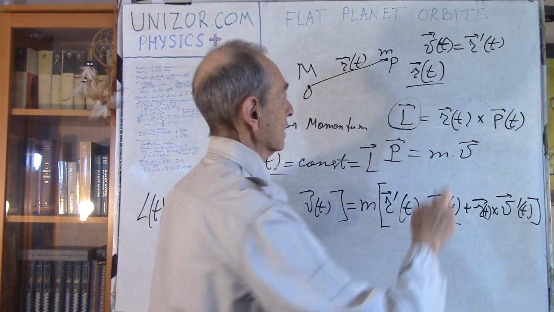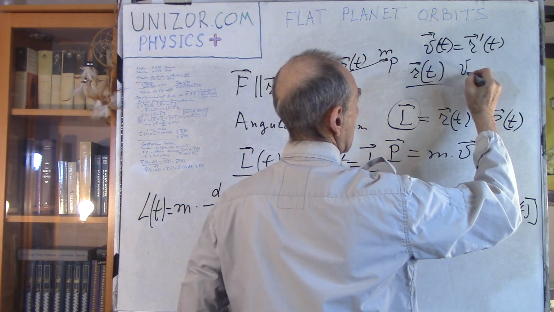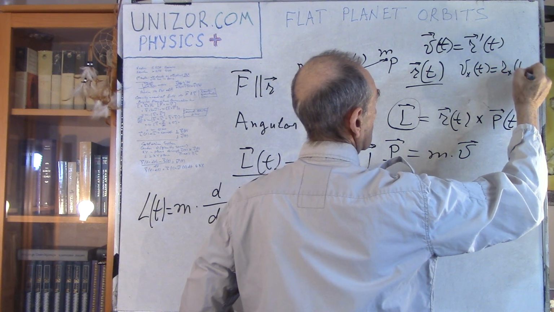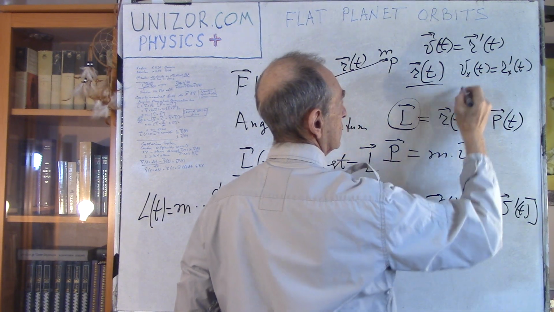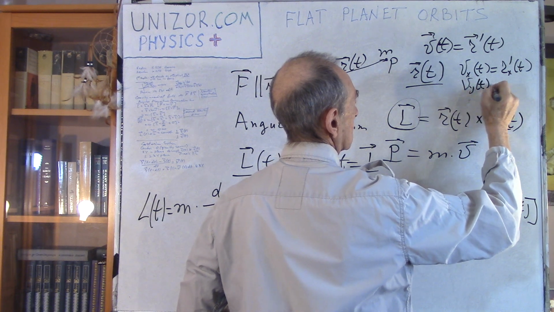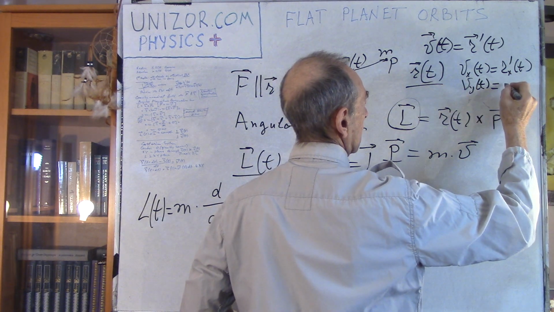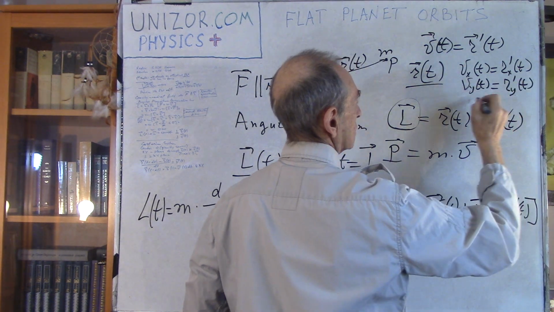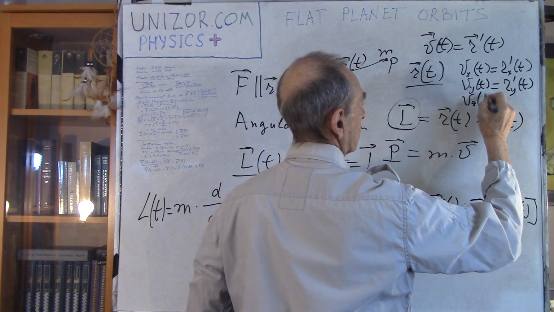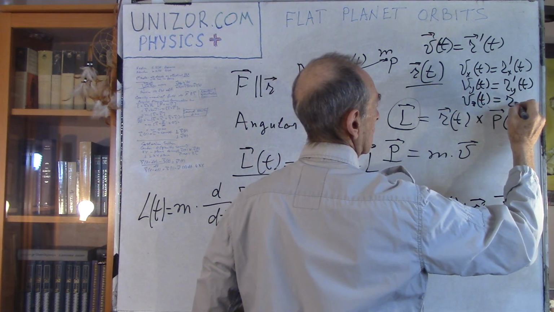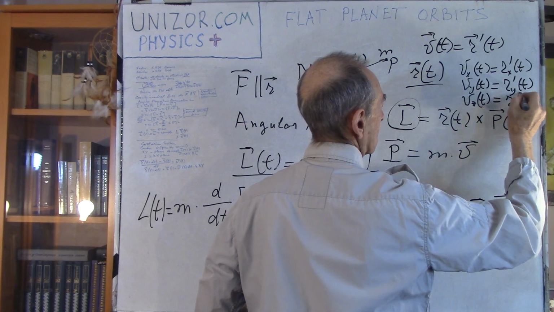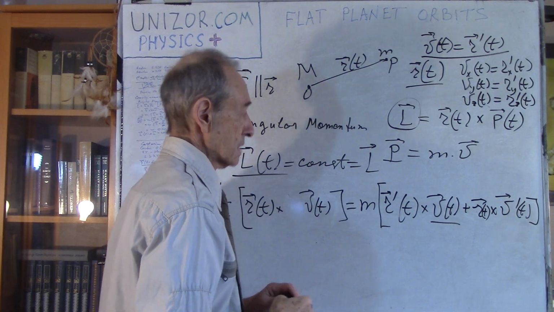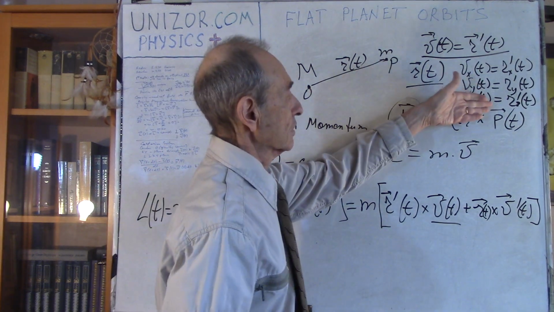It means that vx of t is equal to the derivative of rx of t, vy of t, the y component of velocity, is equal to the derivative of the y component of position, and the z component of velocity is equal to the derivative of the z component of position. That's what it means whenever I'm talking about vectors. Instead of three different equations, I have one.